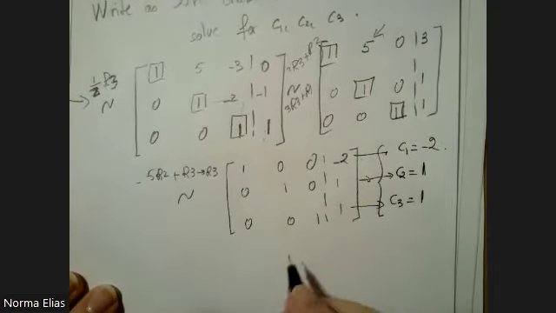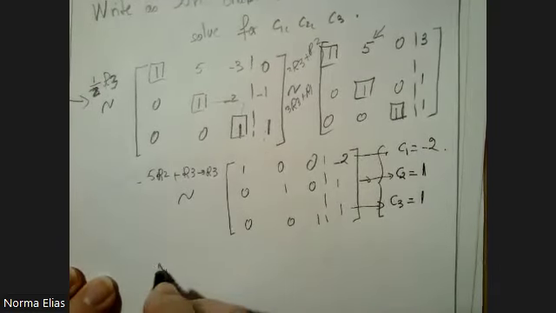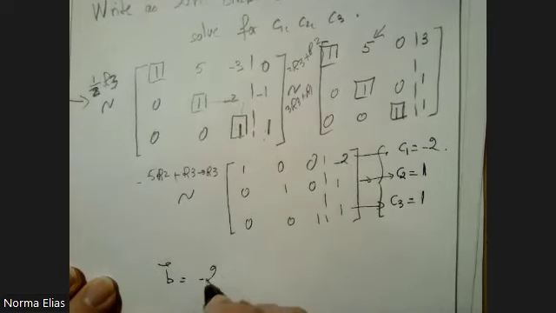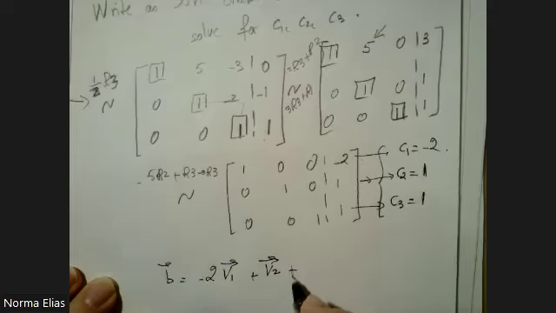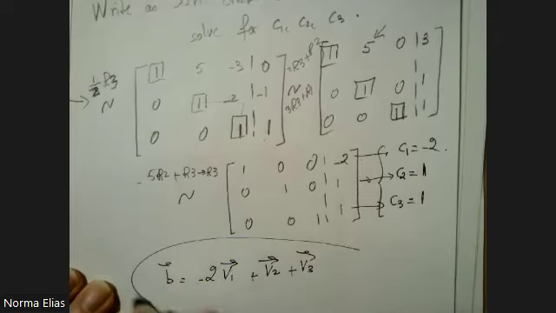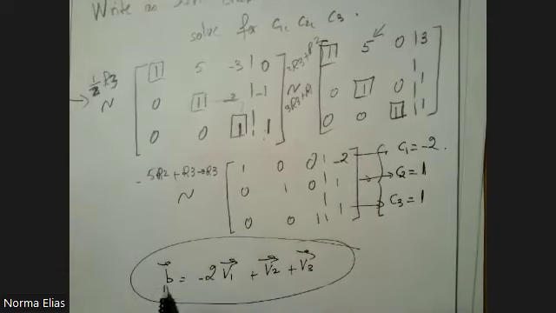So now this is the vector B. I can write it as minus 2 V1 plus V2 plus V3. It means I can reach the vector B by going minus 2 times V1, then I add to it the vector V2, then I add the vector V3, and I reach the vector B. So I can write it.